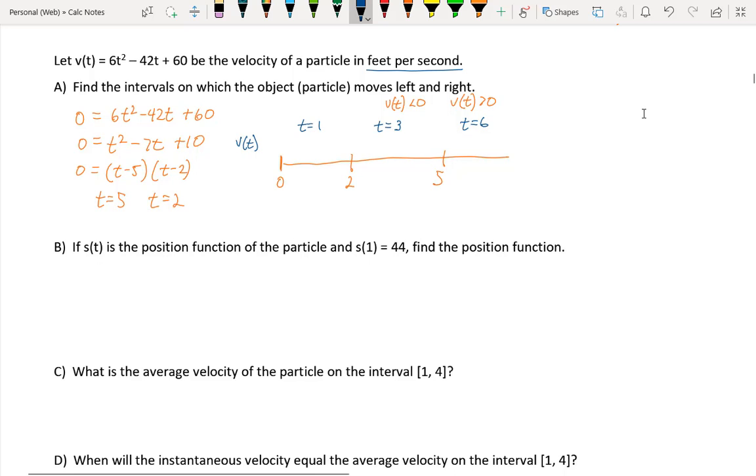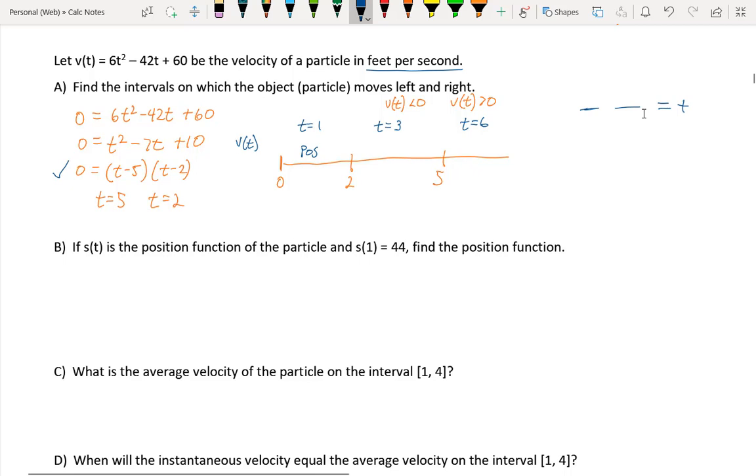Okay, so here we go, plugging in 1. Now I'm going to use this equation right here to plug in 1. It's the easiest one. If I plug in 1, 1 minus 5 is a negative value, 1 minus 2 is a negative value, and a negative times a negative equals a positive value. So this section is positive. All right.